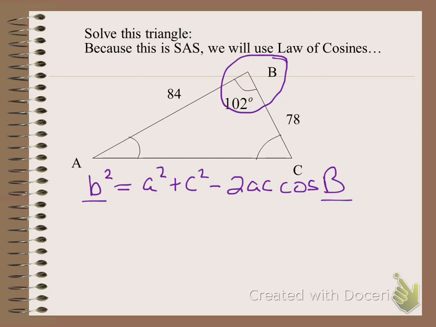The B's are on the outside, the A and the C are on the inside. And this is A and this is C. And because we know capital B, this is the one we're going to be solving for here. Little b is what we're looking for.